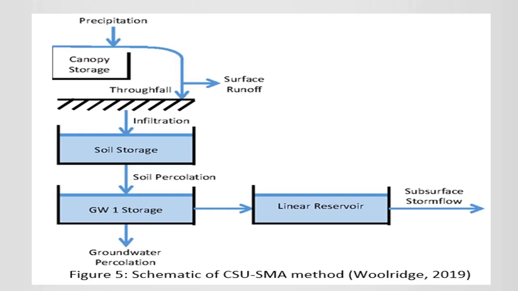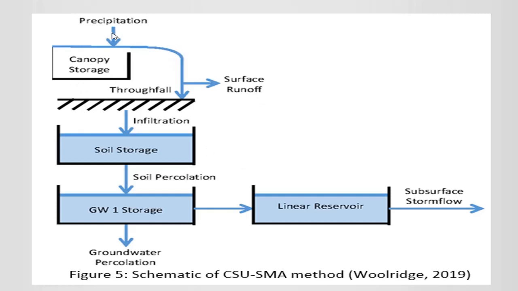We told CSU we wanted the modeling method to be readily accessible, preferably using HEC-HMS since it's free software in general use by consulting engineers. And they used the HEC-HMS soil moisture accounting method.